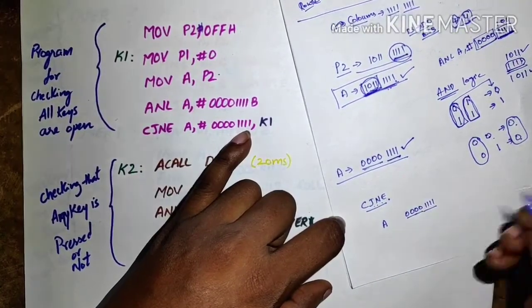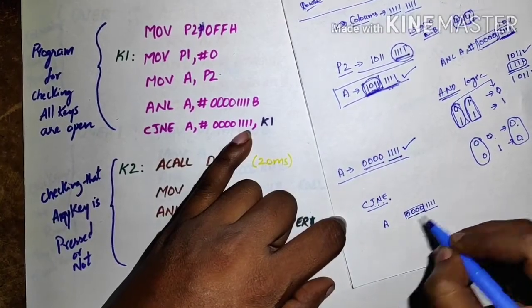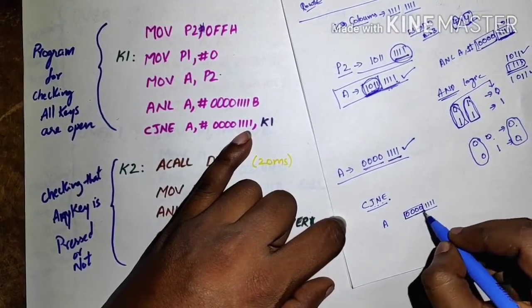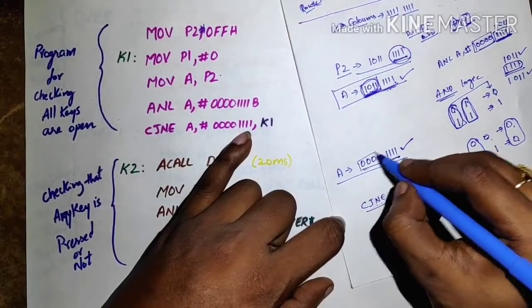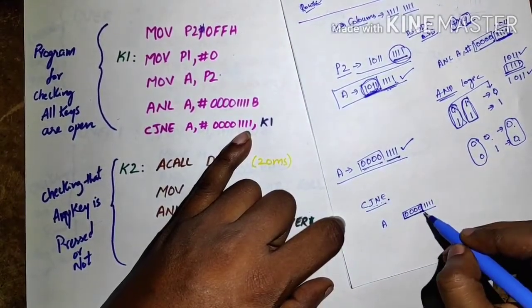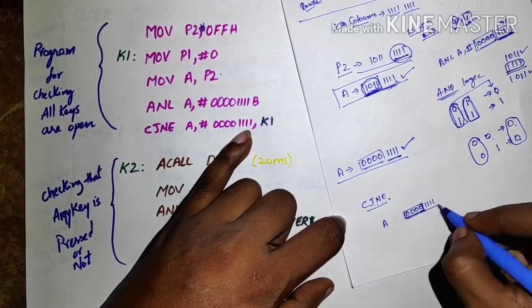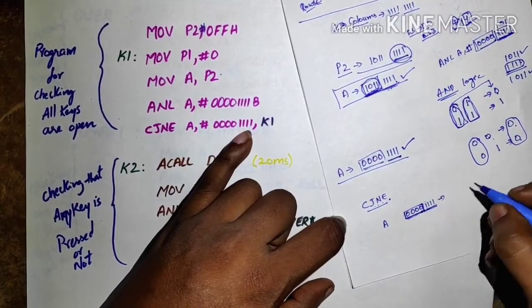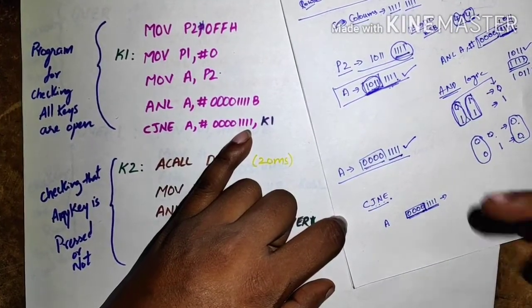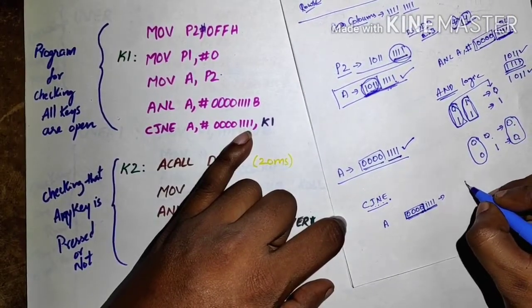Similarly, we are not bothering about the MSB bits, which we already made zeros, so we know the MSB bits will be zeros. Here we are comparing with four ones, which means the column value we are expecting is all ones.